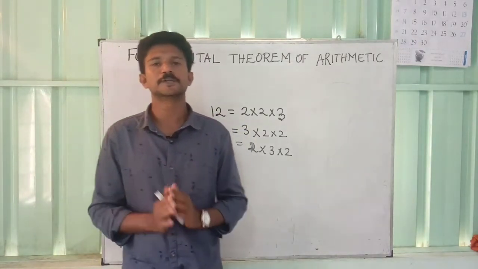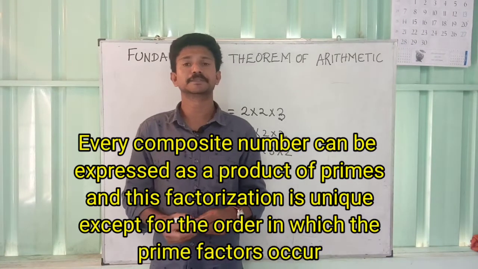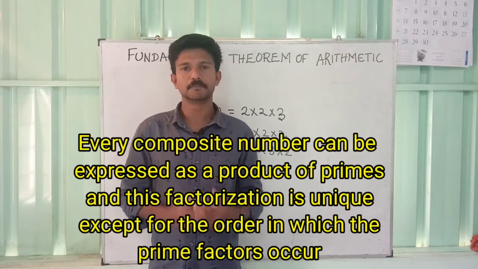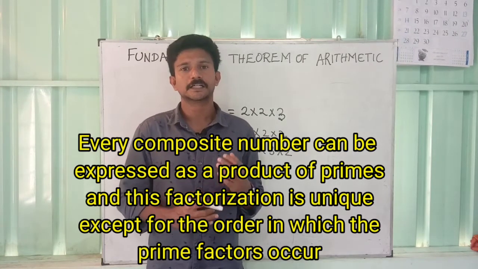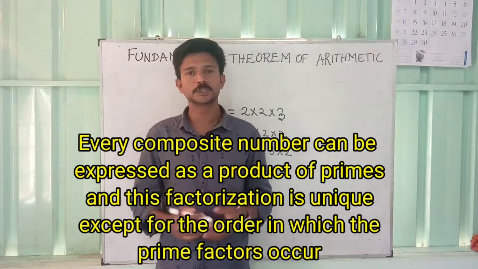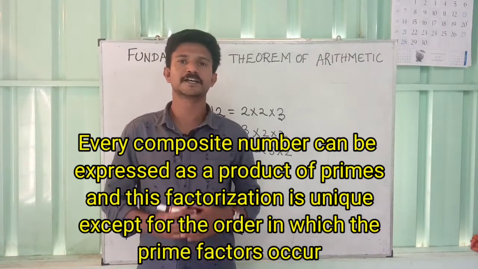So the theorem is: every composite number can be expressed as a product of prime numbers, and this prime factorization is unique except for the order in which the prime factors occur.